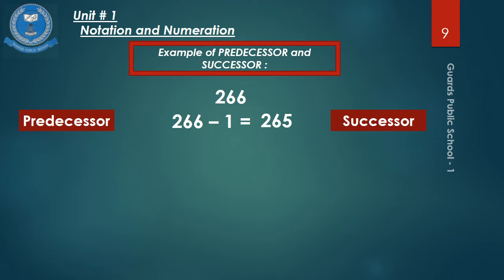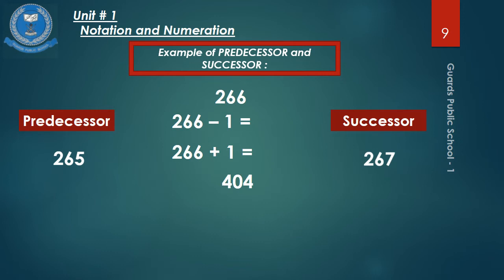And this 265, what is this? This is the predecessor of 266. Clear? इसी तरह से जब आप 266 में 1 नंबर और ऐड कर देंगे, what will you get? 267. And this 267 is called the successor of 266. In the same way, you can make the predecessor and successor of many numbers.